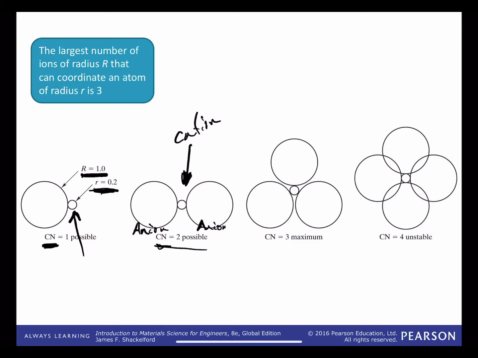How about extending this further? Well, given the size obligations of having a radius of equivalent value 1 against the cation of radius value 0.2, if we consider a coordination number of 3, so that is 3 anions surrounding the same common cation, we start to see some gaps in the hard sphere packed model for bringing all these ions together.